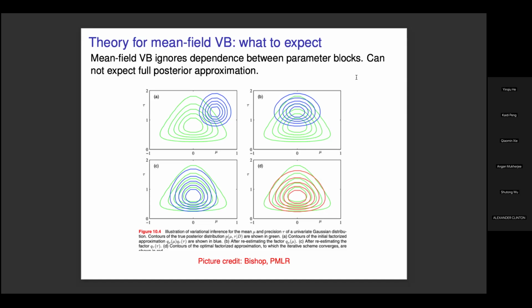All right, so what can we actually expect? If we do not have a very expressive family, let's say we are just working with the mean field family, we can't really expect to capture all aspects of the posterior distribution. So let's say we are trying to estimate a posterior distribution which has a very complicated contour by just the mean field family. Then what we can expect is that the mean or median of the variational family aligns closely with the mean or median of the posterior, not the entire posterior distribution.